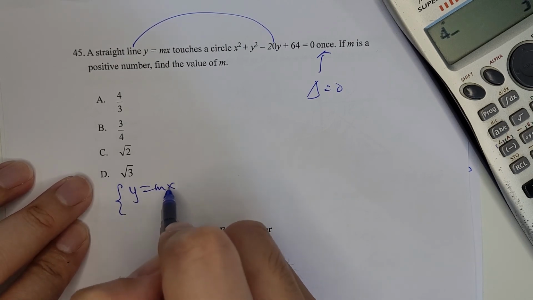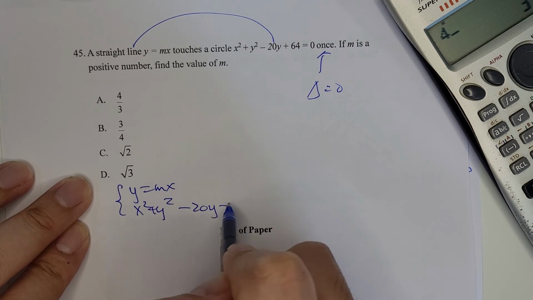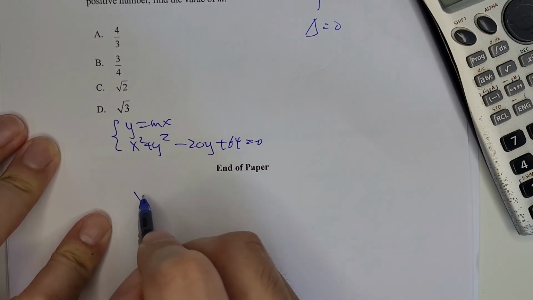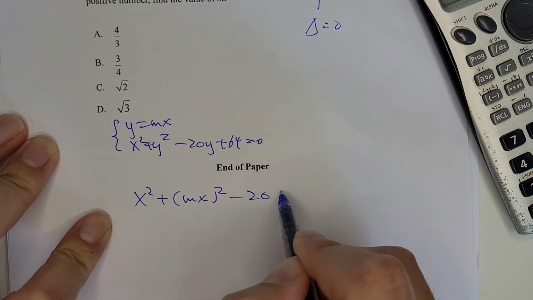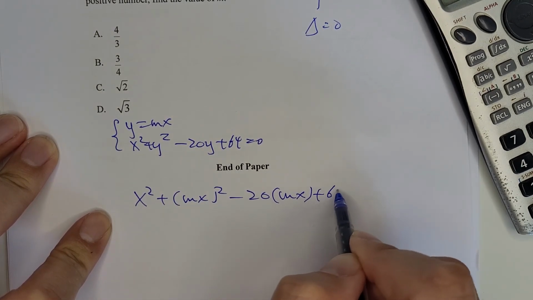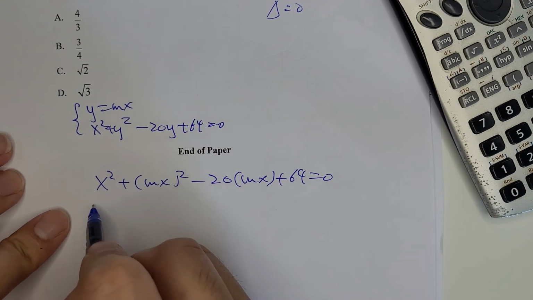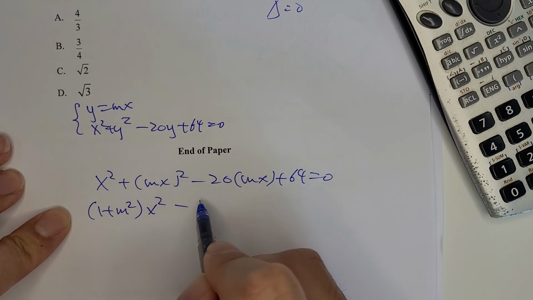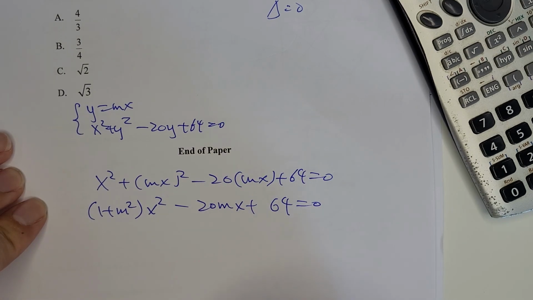Y equals mx and then x squared plus y squared minus 20y plus 64 equals 0. Okay, so x squared plus (mx) squared minus 20 times mx plus 64 equals 0. You make it in a standard form of quadratic equation: (1 plus m squared) x squared minus 20mx plus 64 equals 0.